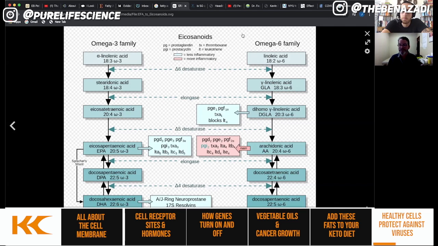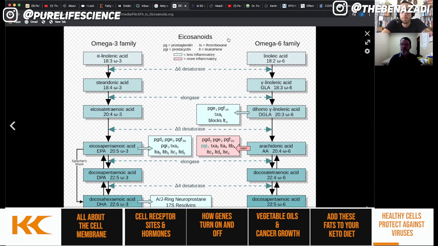So we don't need a huge amount of these omega-3s and things like that, because this is what bothers me so much: most scientists are looking at this cascade and thinking that's the be all end all, not knowing that the biggest purpose of omega-6 and omega-3 is actually in the membrane structure, and they don't need to go down this pathway to participate in membrane structure issues. And so that's why it's so important to consume these healthy fats, so you have a healthy cell membrane.